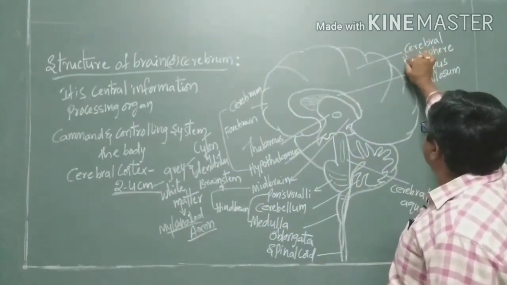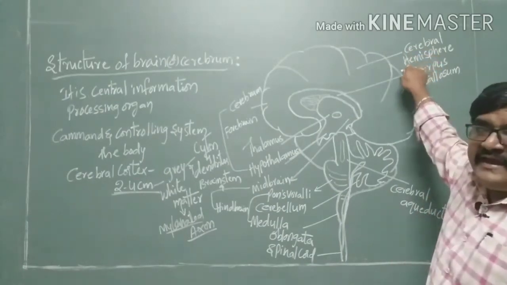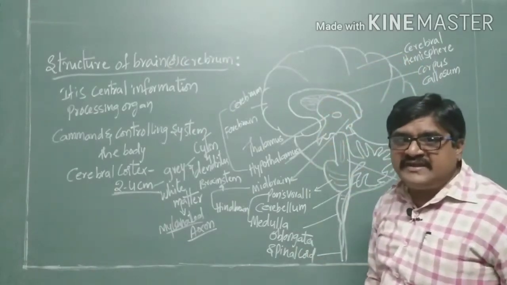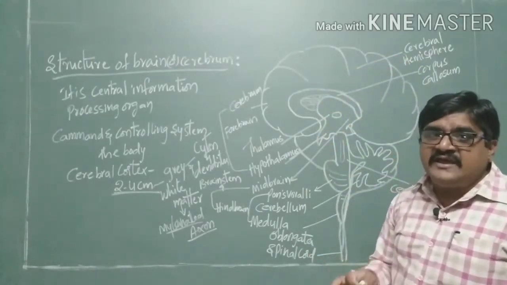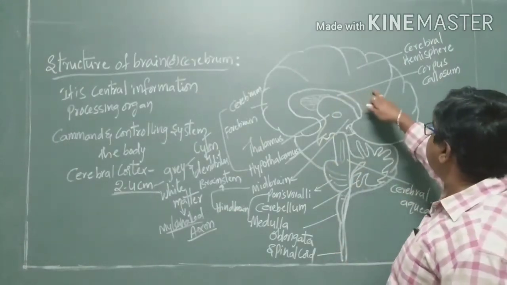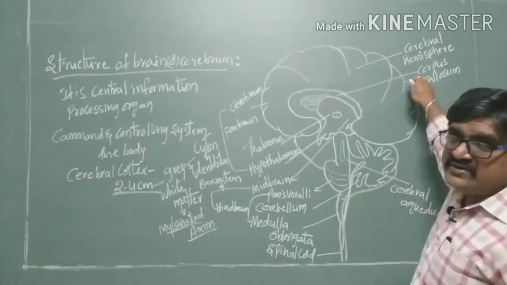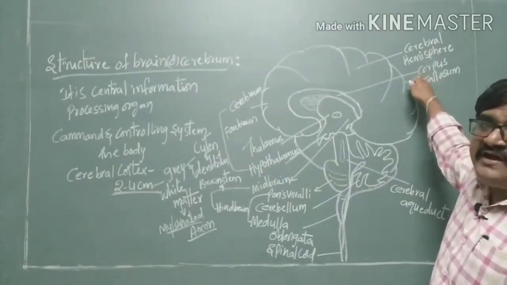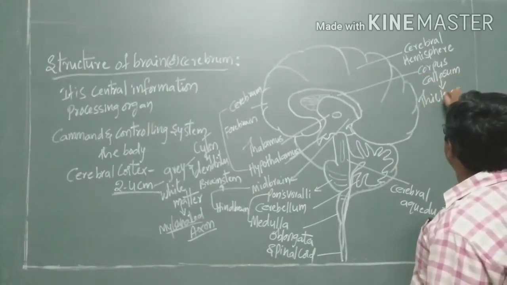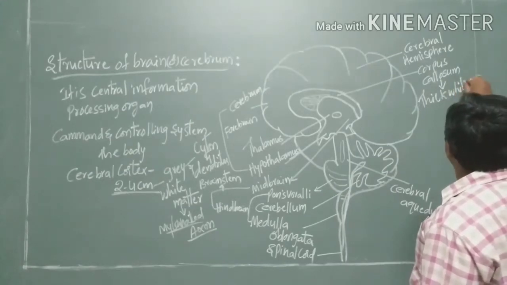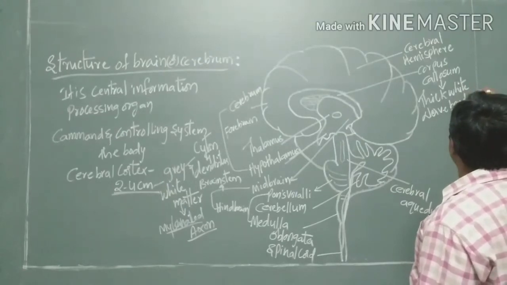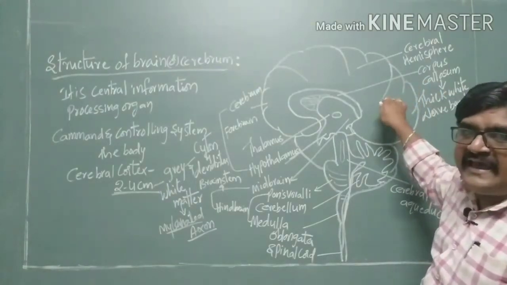These two cerebral hemispheres are connected by a thick white narrow band, a thick narrow band connecting the two cerebral hemispheres.